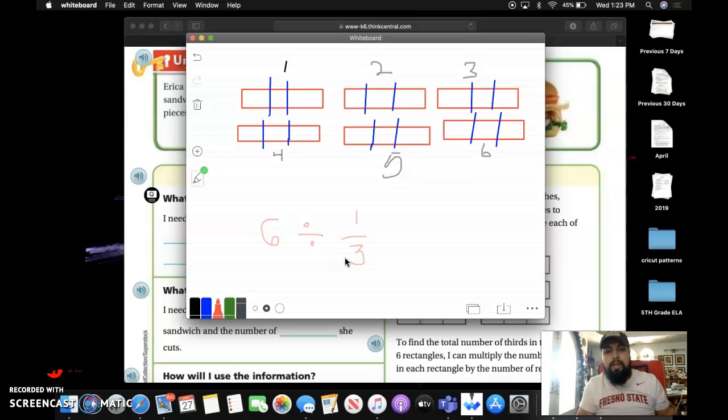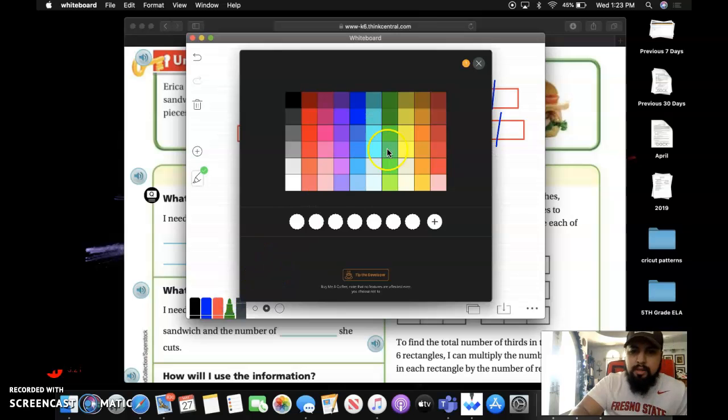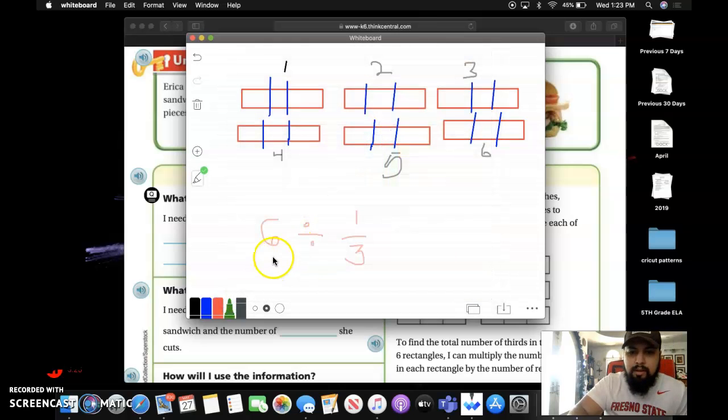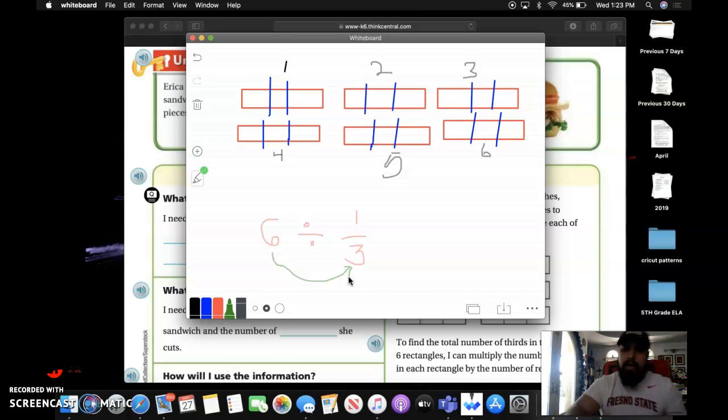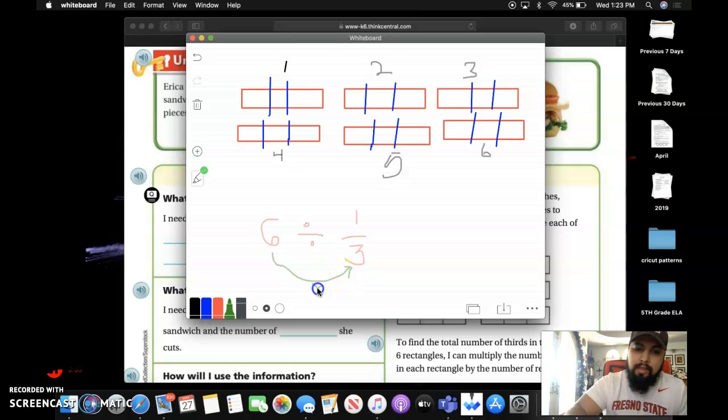Well, the trick is very simple, just like I told you guys before. You're going to take, how many wholes do we have? We have 6, and we are cutting each one into thirds. So I told you guys before, just take the 6, multiply it by the denominator.